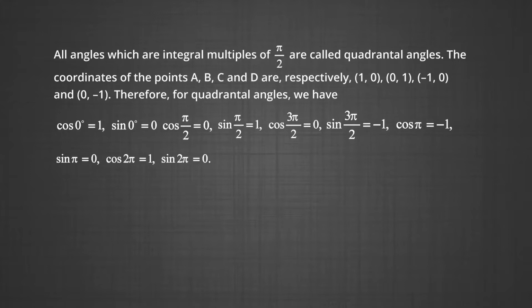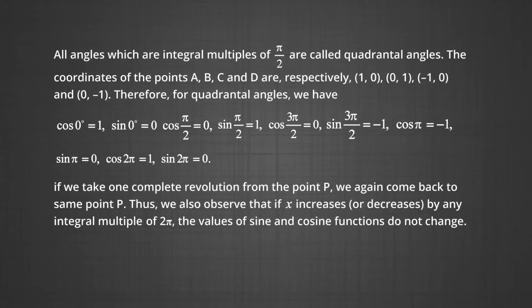Therefore, for quadrantal angles, we have cos of 0 degree is 1, sin of 0 degree is equal to 0, cos of pi by 2 is equal to 0, sin of pi by 2 equals 1, cos of 3 pi by 2 equals 0, sin of 3 pi by 2 is equal to minus 1, cos of pi is equal to minus 1, sin of pi is equal to 0, cos of 2 pi is 1 and sin of 2 pi is 0.